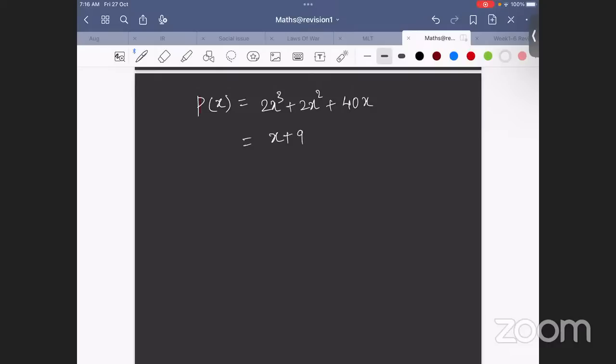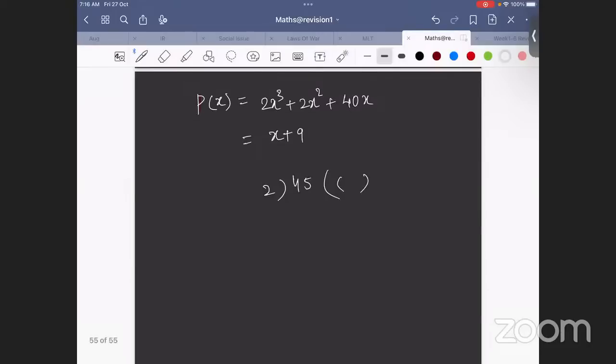Any number, whenever you divide it by something, for example you are dividing 45 by 2, there will be some remainder, correct? And whatever quotient you get, let's say 22, you multiply the quotient with the number you are dividing by, plus some remainder r, and that will be equal to 45.